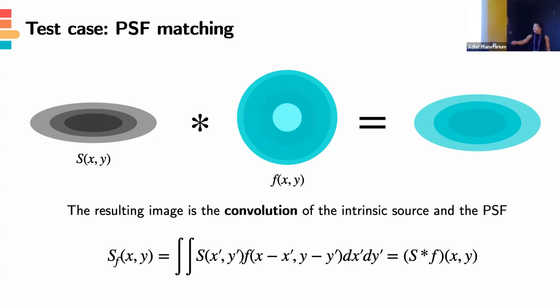And this is the convolution integral, which means that for every point x prime y prime in our surface brightness profile, we're going to look at how the PSF looks like at a distance away from x prime. And we're going to integrate over x prime and y prime. This can also just be written as a convolution.